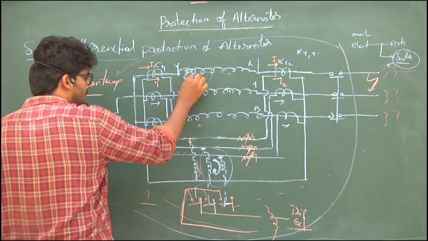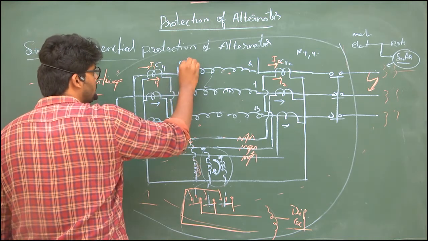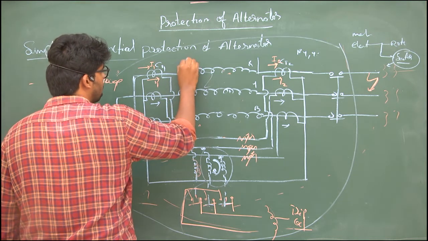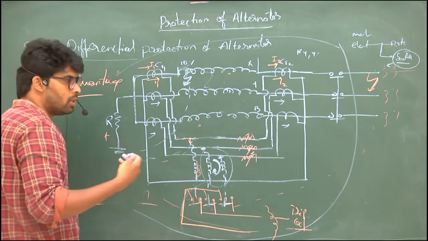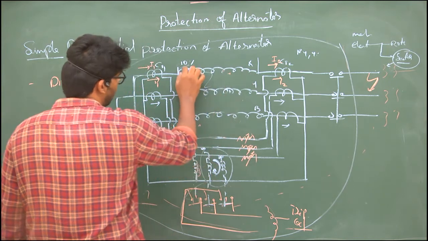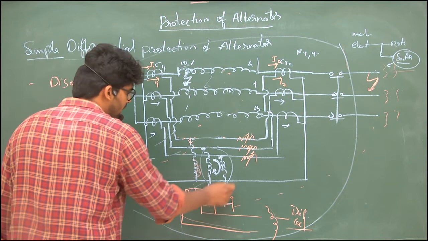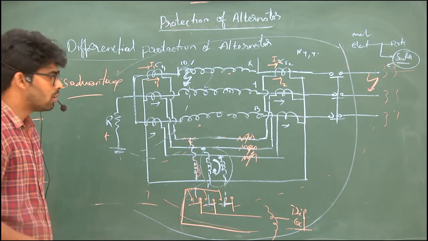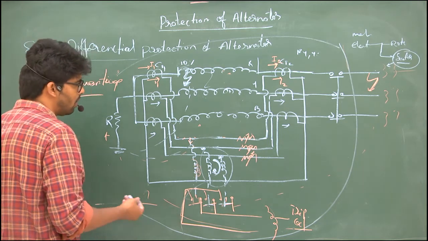The voltage at this point will be about 0.12, near 10%, or less than 10% or 20%, compared to the voltage across the phase. So if a fault occurs near the ground, this differential relay will not sense the fault current. This will have a huge impact, while this will have a small impact.